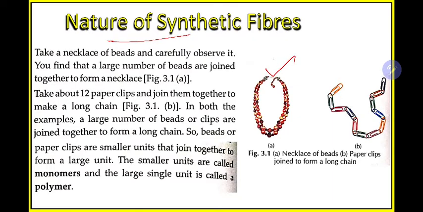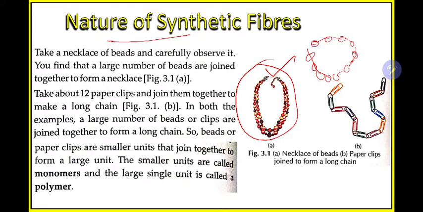For example, in your home you have seen your mother or sister wearing some necklace made of small balls. That is called beads. This type of small balls, for example white balls, and consisting of all these balls the necklace is formed.